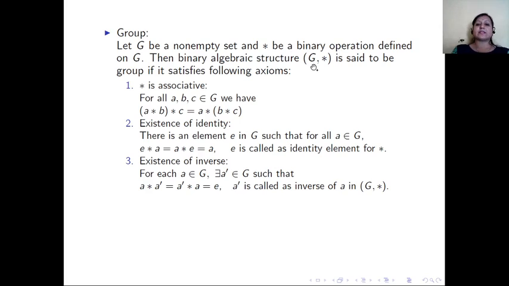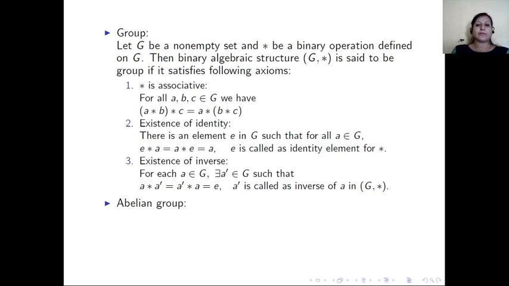That means the set G must be closed under the operation star, and then it must satisfy these three properties: associativity property, existence of identity element, and every element must have inverse. Then this G star is called as a group.